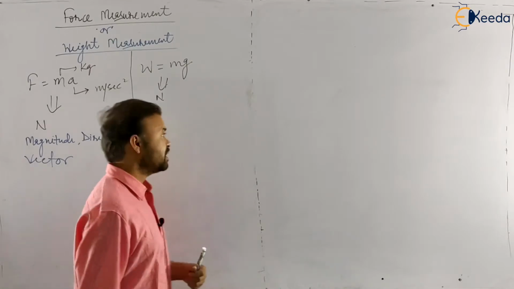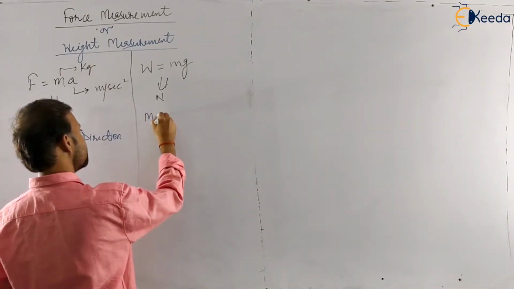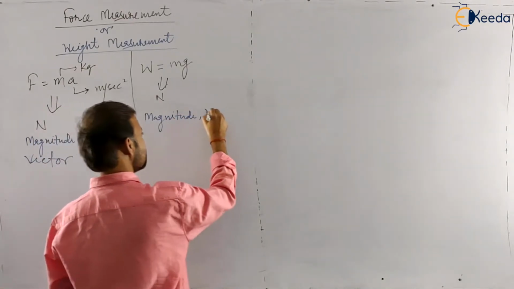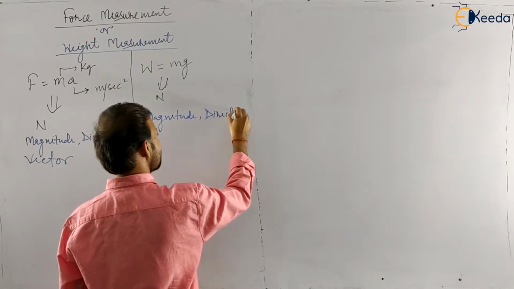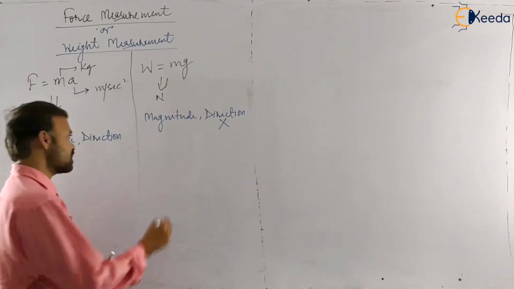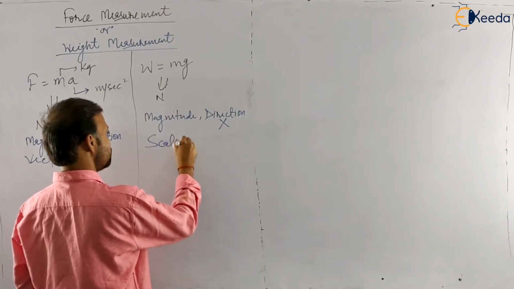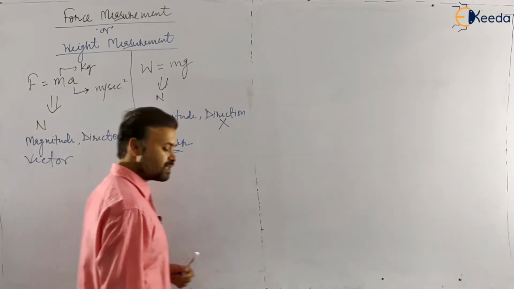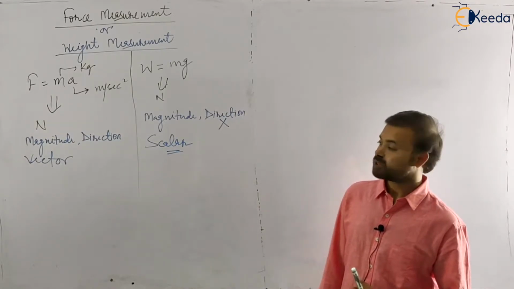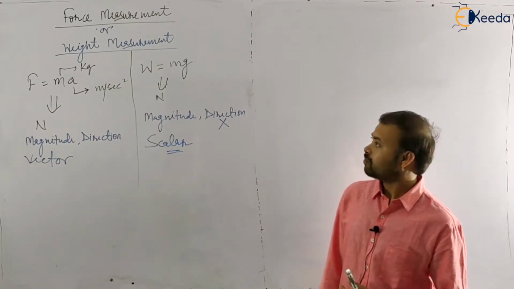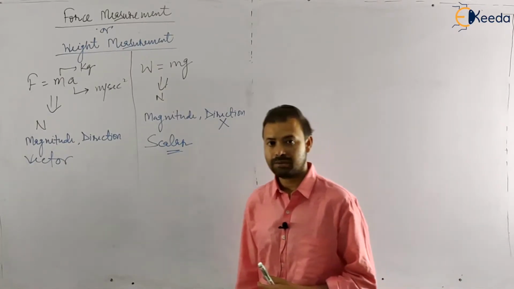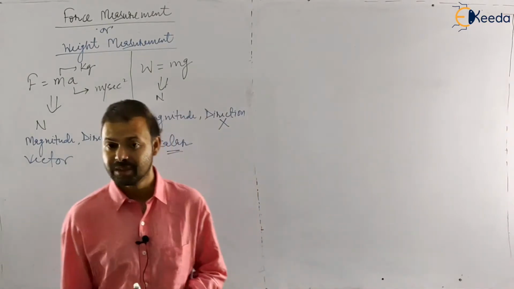But if we talk about weight, it has magnitude, but it does not have direction. So weight is a scalar quantity. The major difference between these two is that force is a vector quantity because it has direction also, and weight is a scalar quantity because weight doesn't have direction.